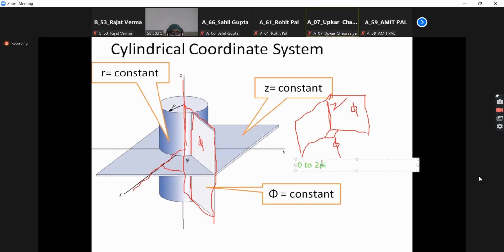So 0 to 2 pi or 0 to 360 degrees is the limit of phi. Okay, that is the minimum and maximum limit of phi.